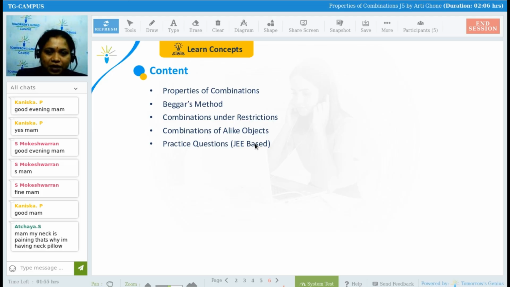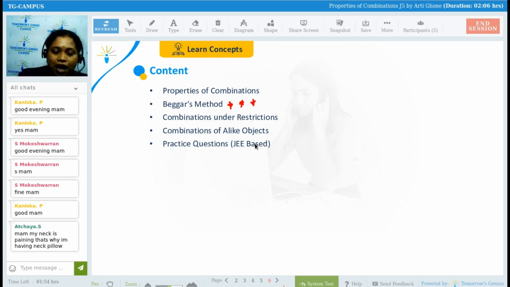And what is today's content? Properties of combinations and Beggar's method, a very important method. If you have a question like rank of object in permutations in your question paper, it is applicable with Beggar's method, and it is a very easy method to apply.